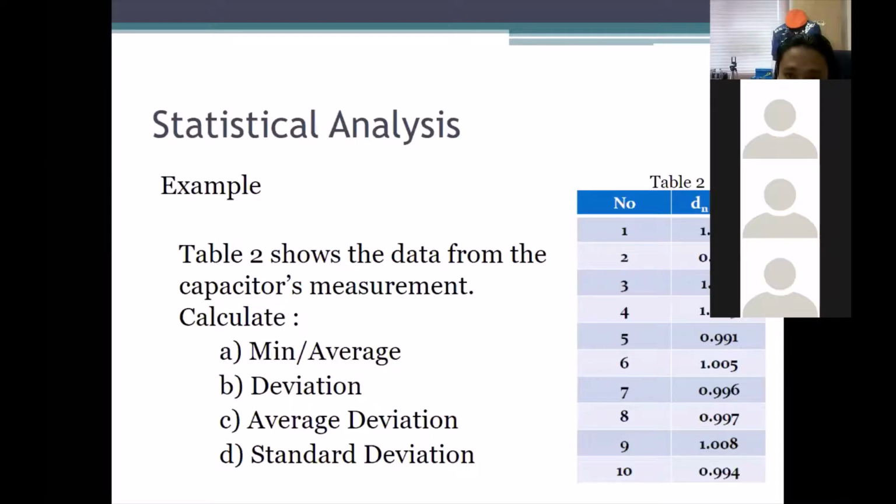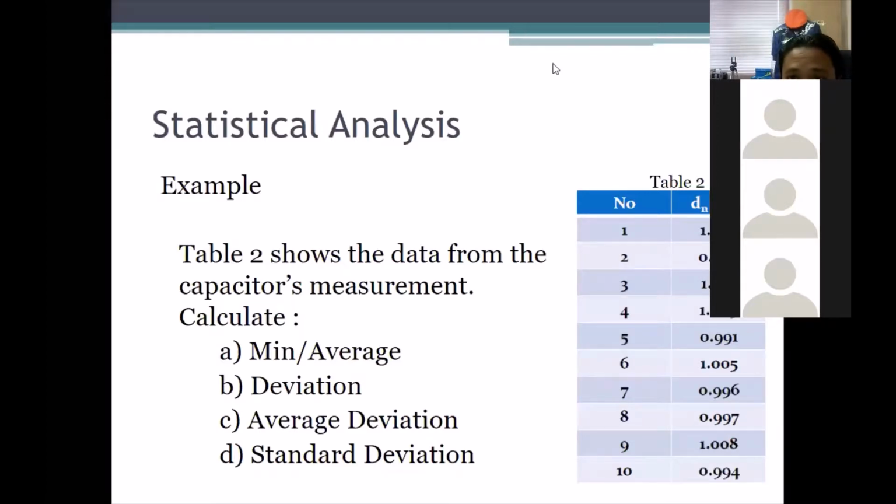First, 1.003 plus 0.998 plus 1.001 plus 1.0091 plus the last one. Okay, so the average.